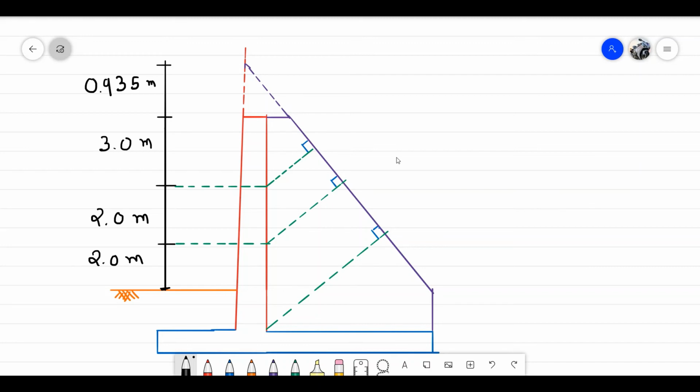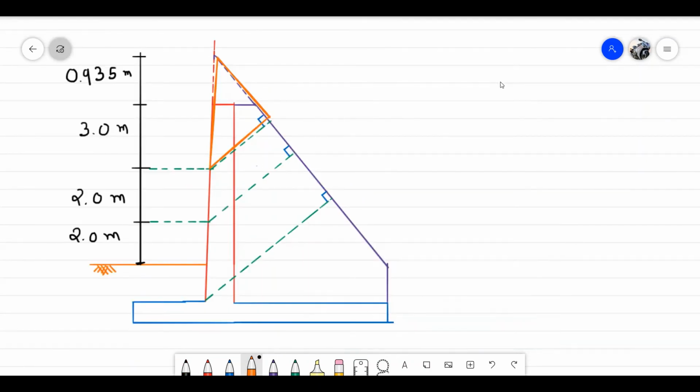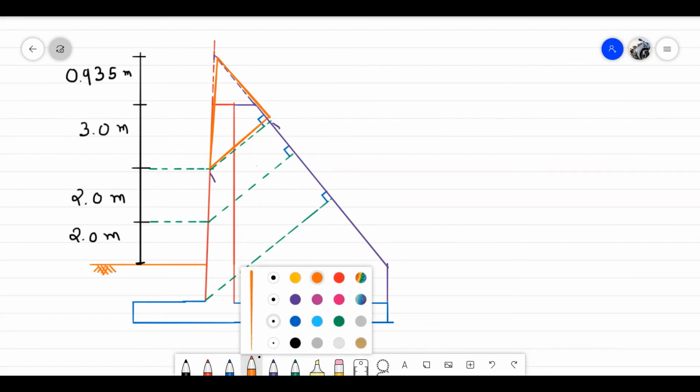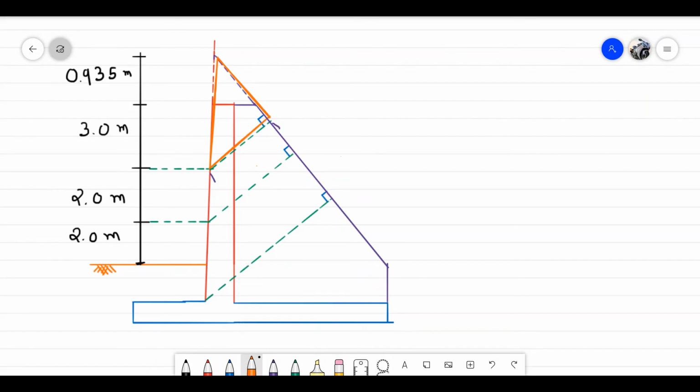Now we need this dimension. Now we have to find out the depth, means we need to find this dimension. So assume one triangle here. You can see this orange color triangle, right?